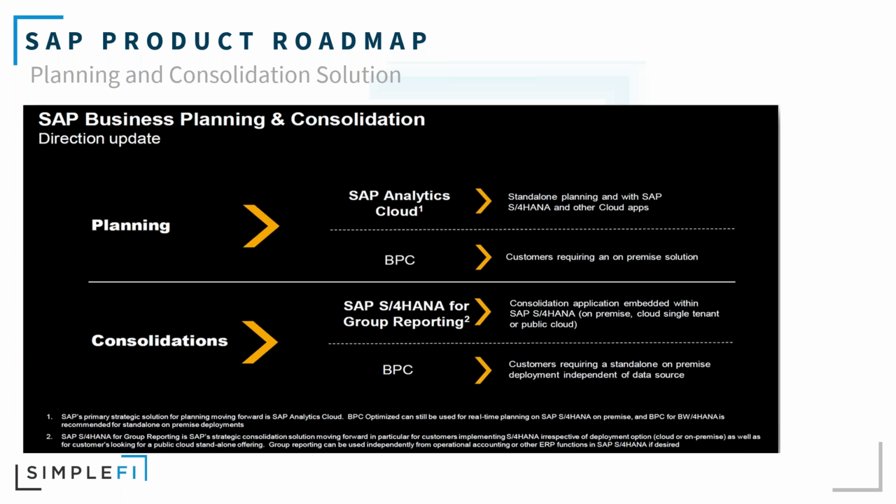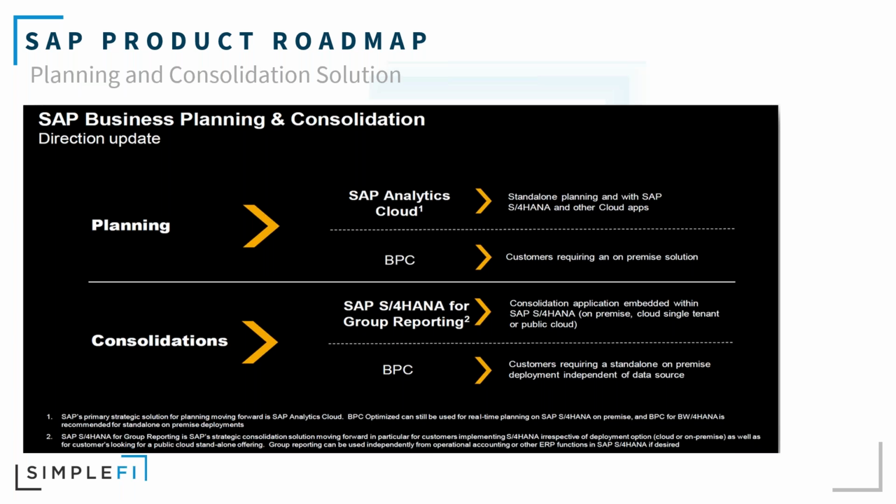BPC is really focused on customers that require an on-premise solution. More and more, we see companies that are leaning or expanding into cloud applications. We also know that from an S4 strategy, SAP Analytics Cloud is the go-to solution as it relates to planning, analytics, reporting, and so forth.